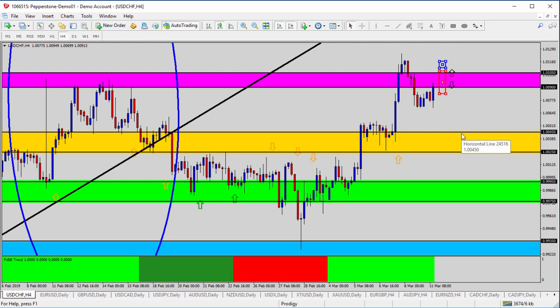So let's watch 30 minutes or so from now. Retail sales out of the US, positive or negative, would give a directional clue for the US dollar, which would in turn give a directional clue for the dollar franc. Either above 1.01, we start looking for this to go higher, or holding. And with poor news out of the US, we may see it bounce off this pink zone today for the dollar franc.